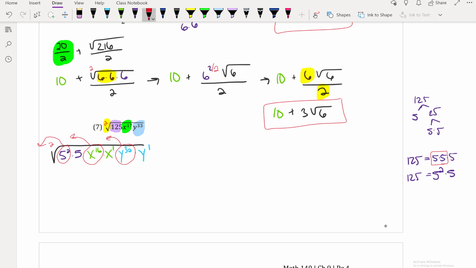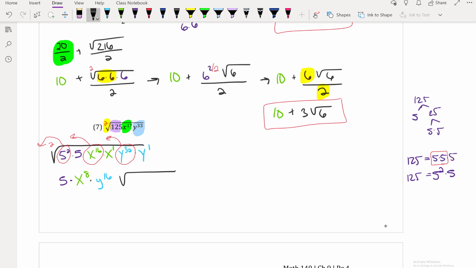So let's think about this. So I have my 5 squared being divided by my index. So that's going to give me 5. Now I have an x. 16 divided by 2, well, 16 divided by 2 gives me 8. And the next thing I want to look at is my y. So if I think of my y, 32 being divided by 2, that's going to give me a 16.